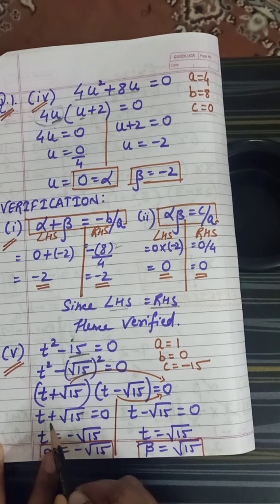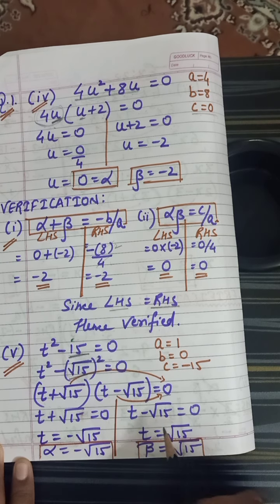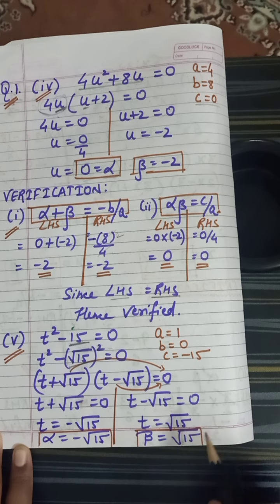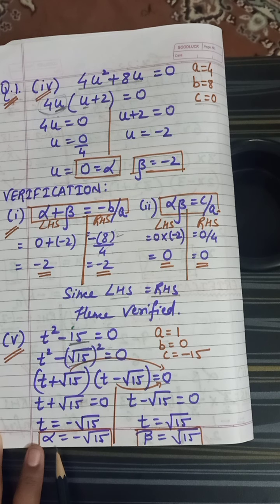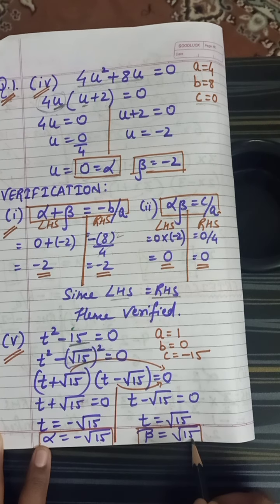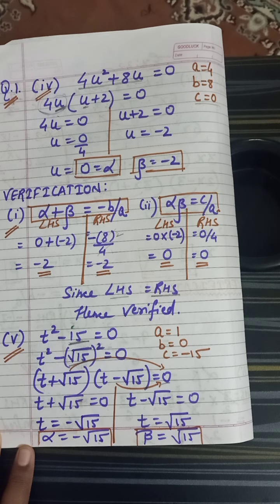So t equals minus root 15, and here t equals plus root 15. So here I got two zeros. Alpha is minus root 15 and beta is root 15. In this way we are finding the zeros.